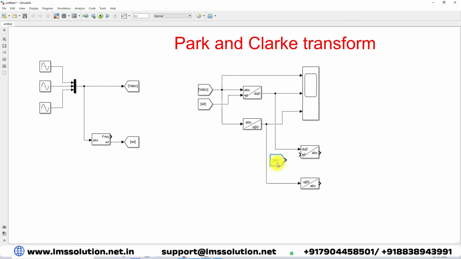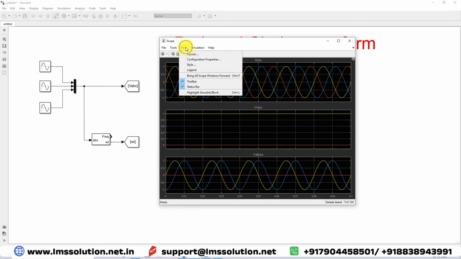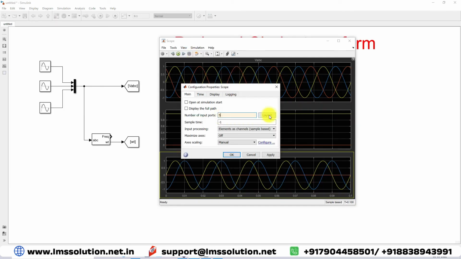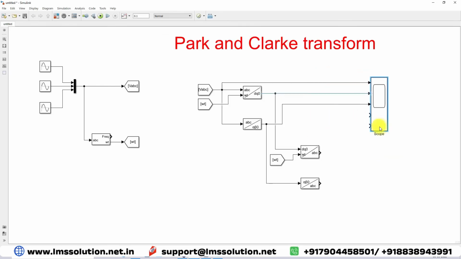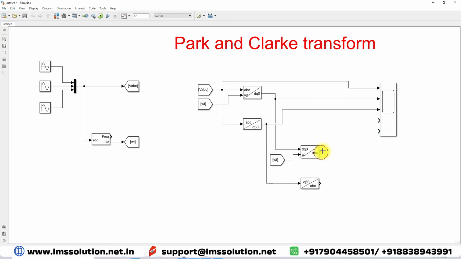Omega t you have to take from here and connect here. Then I am going to use two more inputs, so 5 inputs in the scope. The fourth will be the output of the inverse Park transformation block, and the fifth one is the output of the inverse Clarke transformation block. So next I am going to simulate this model.